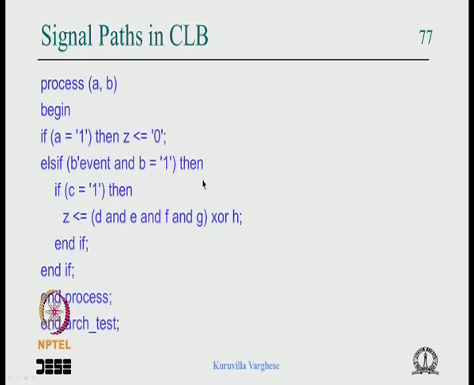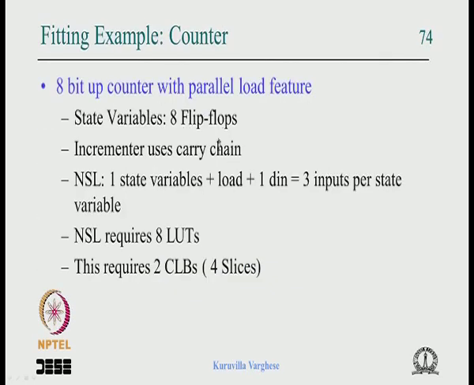You have 8 flip flops, incrementer uses carry chain, next state logic will use 1 state variable for +1 and 1 load signal and 1 data input signal for loading. So 3 inputs per state. So NSL, next state logic, requires a 3 input lookup table. So we need such 8 for 8 flip flops. So 8 lookup tables, 8 flip flops. So you will end up with 2 CLB or 4 slices.